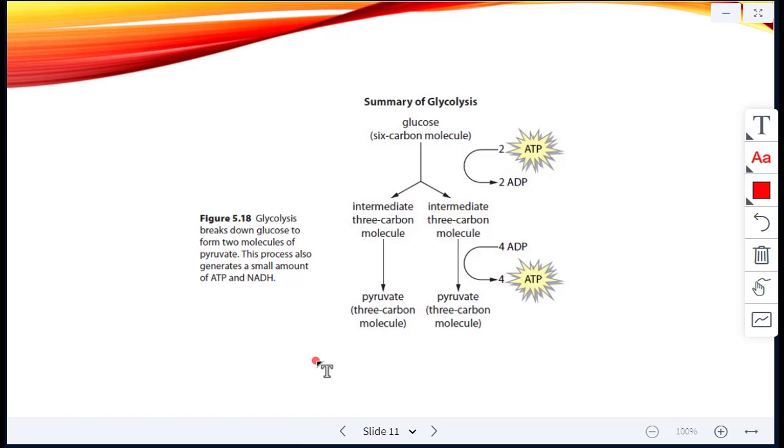And we can also see that it required 2 ATP molecules to start, and then 4 ATP molecules are synthesized, so the net gain is 2 ATP.